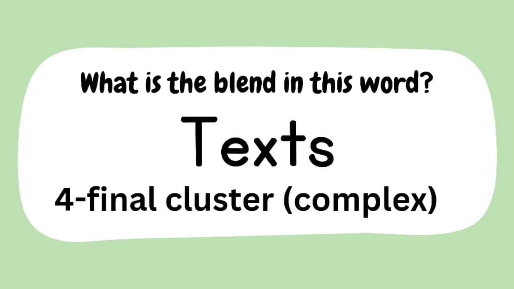So, these two words have 4 consonants clustering at the final position in them. So it is otherwise called complex consonant clusters. When more than 2 or 3 clusters occur in a word, you say it is a complex consonant cluster.